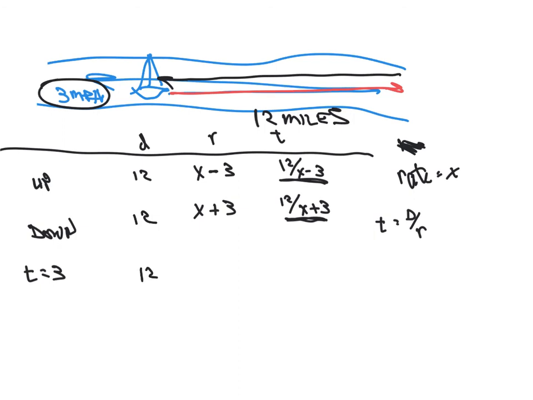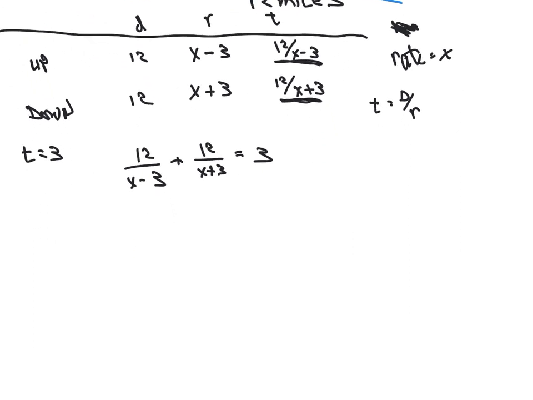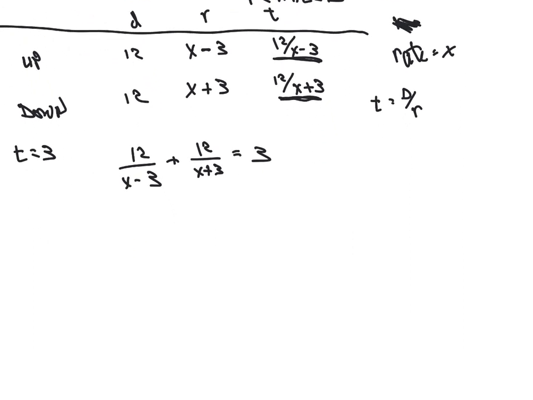So we can write that very easily as equals 3 hours. Okay, so that being the case, I'm going to make some room here. We're going to multiply the entire thing by the common denominator, x minus 3, x plus 3. And again, the only reason you do that is because we're trying to get rid of the fractions.